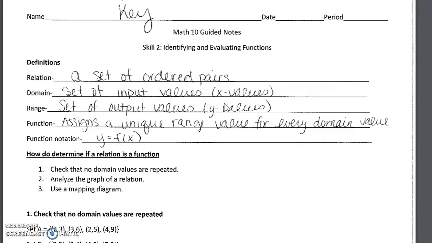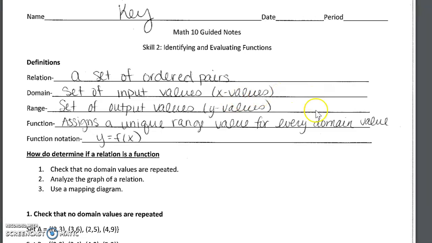Range, output, and y values all describe the same thing. What I want you to realize is that you only get to use the terminology domain and range if you're talking specifically about a function. A relation, remember, the generic version, doesn't get the use of the words domain and range, just the function does.